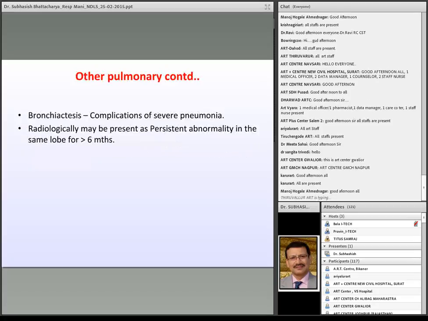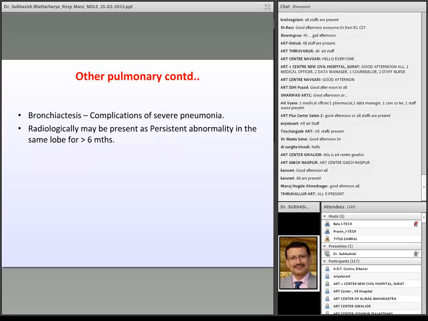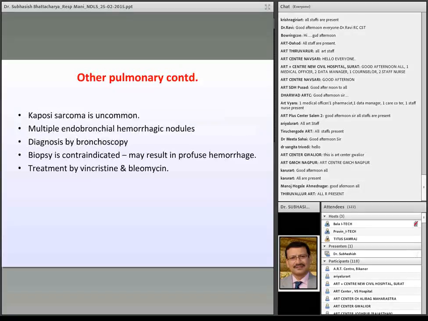Other pulmonary conditions that may be associated are bronchiectasis and complicated pneumonia, which may radiologically present as a persistent abnormality in the same lobe for more than 6 months. Another pulmonary condition which may occur in the presence of HIV is Kaposi sarcoma, which is very uncommon in children.